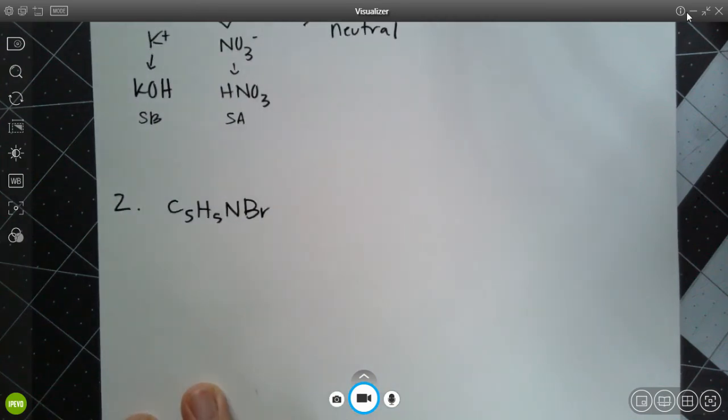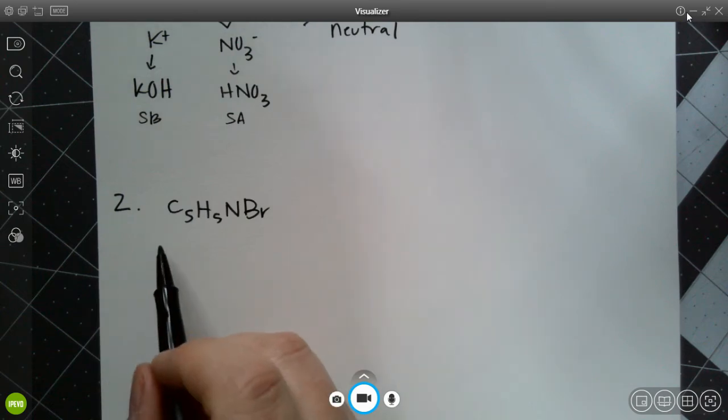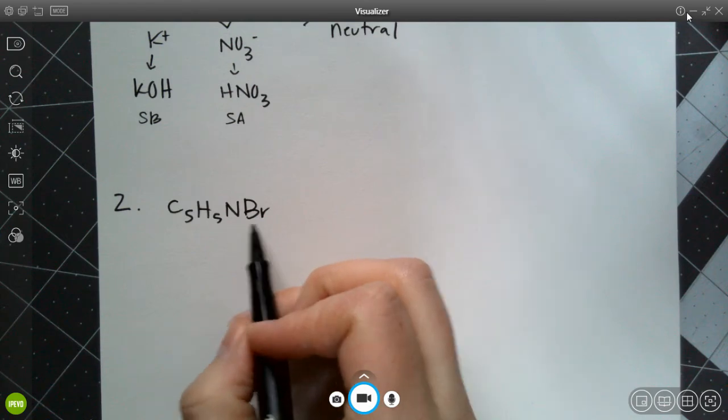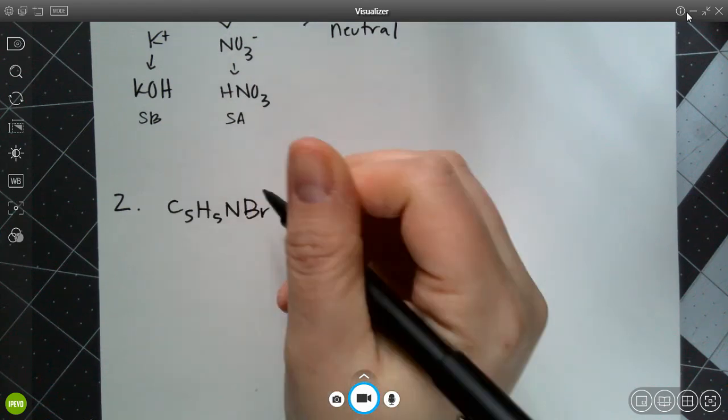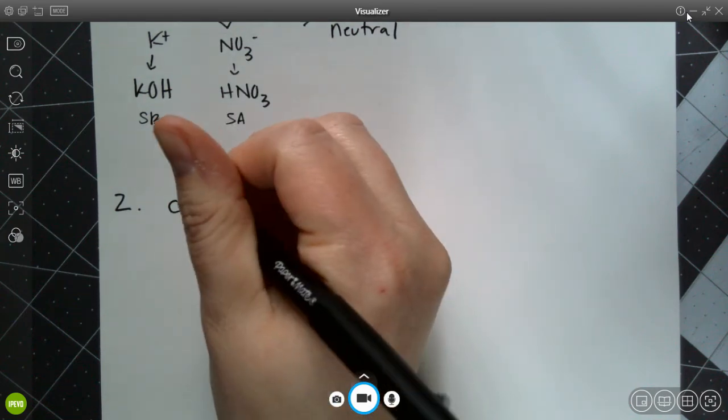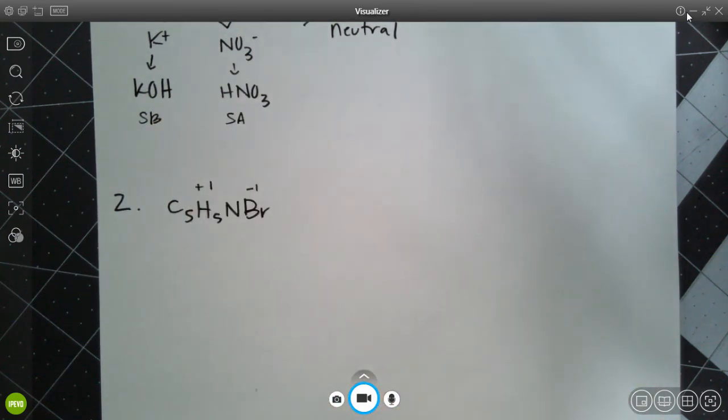All right, so let's look at this next one. Now this is a little more complicated because the formula is kind of nasty. But if I look here, I can see this Br hanging out by itself, and that's probably going to have a -1 charge, which lets me think that this whole thing here has a +1 charge.